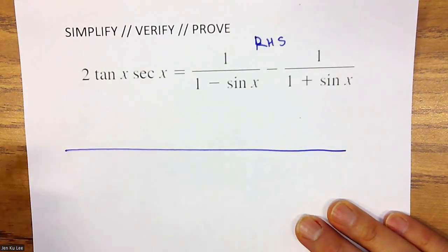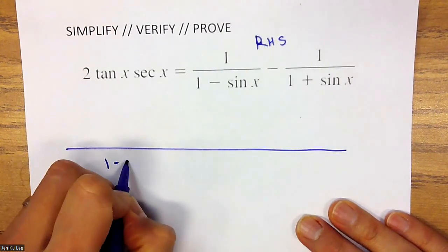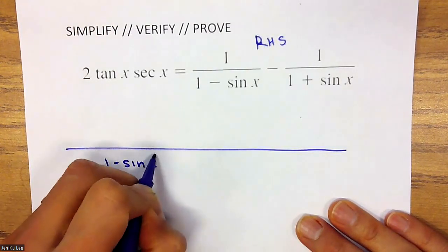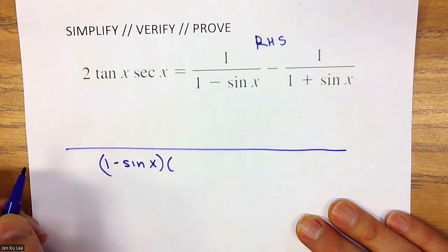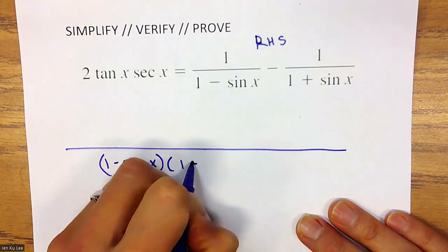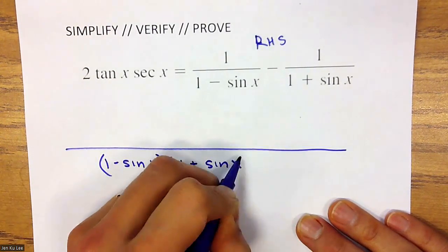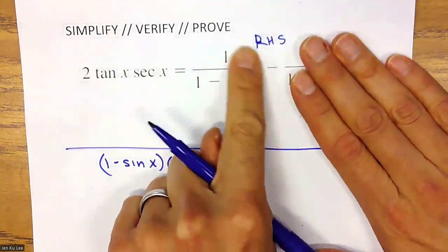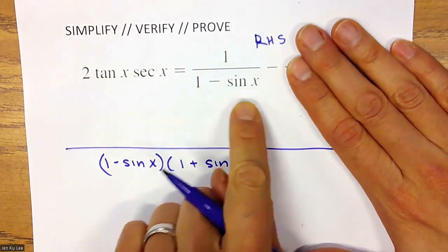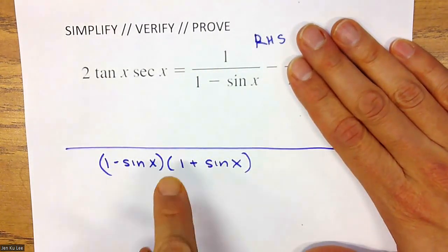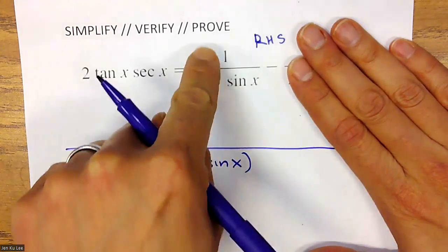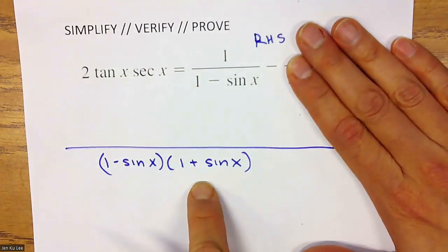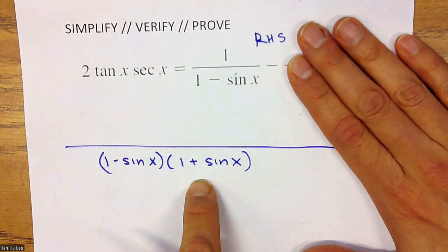So the common denominator here would just be the product of the two denominators that I have. One minus sine, one plus sine, right? And so in this fraction here, in order for me to get this denominator, I would have to multiply both top and bottom by 1 plus sine, correct?